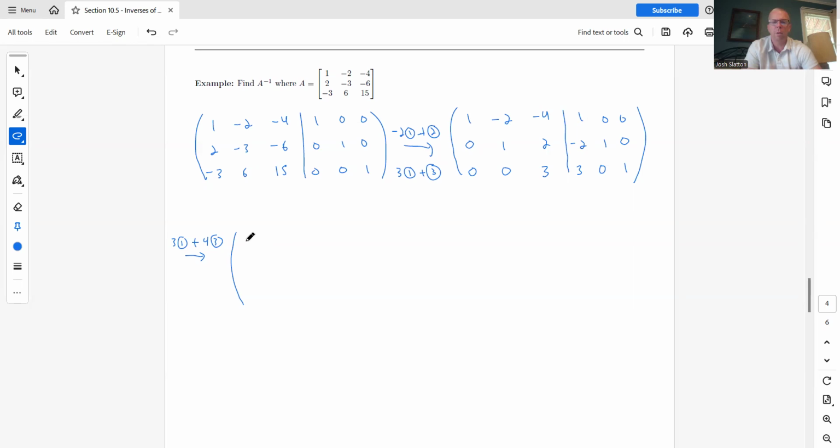So 3 times 1 plus 0 would be 3. 3 times -2 plus 0 would be -6. 3 times -4 plus 3 would be -9. That's not right because we should get a 0 there. 3 times -4 plus 4 times 3 would give us a 0.